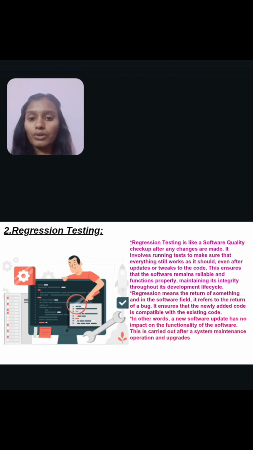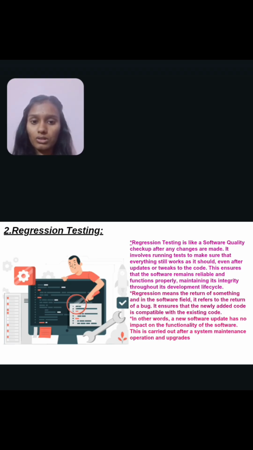Next, we go for regression testing. Regression testing is like a software quality checkup after any changes are made. It involves running tests to make sure that everything still works as it should, even after updates or tweaks to the code.